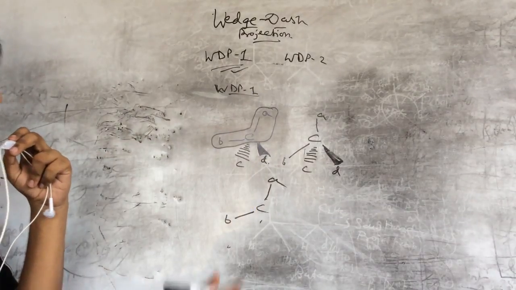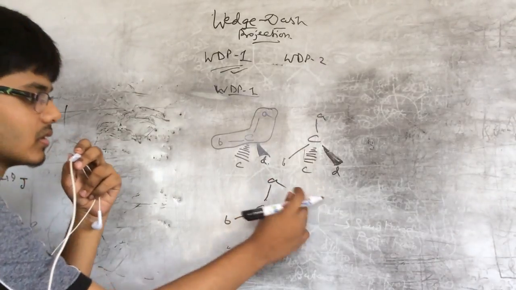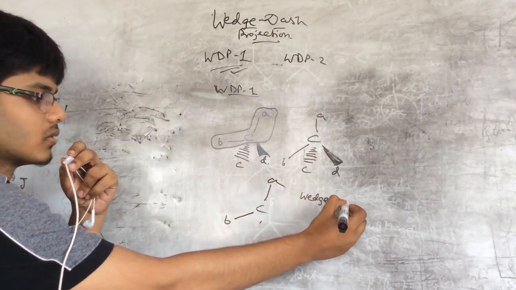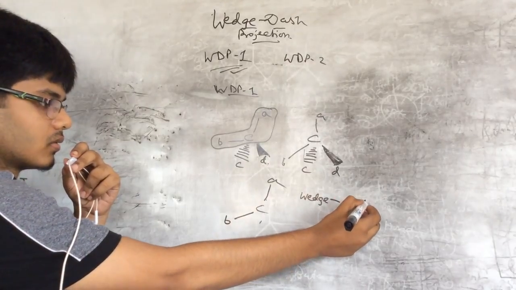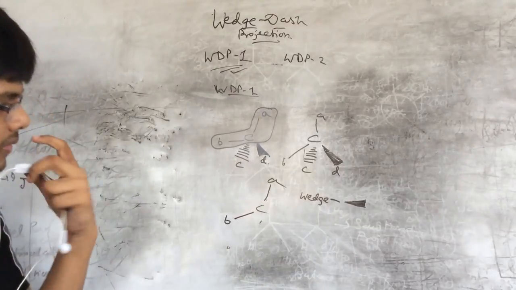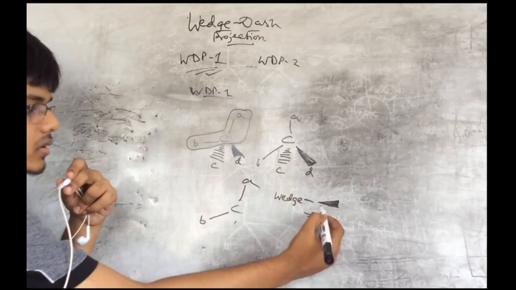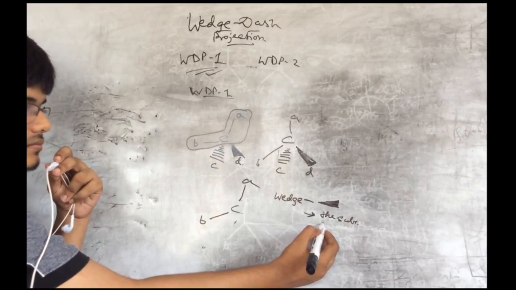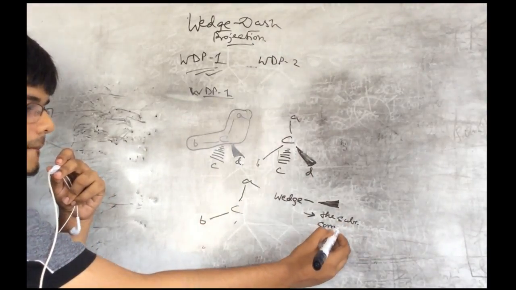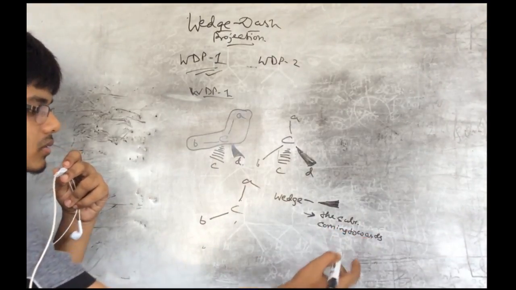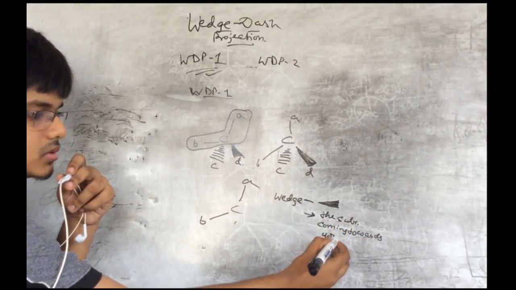Now let's write down these notations. A wedge represents the group or substituent coming towards you.